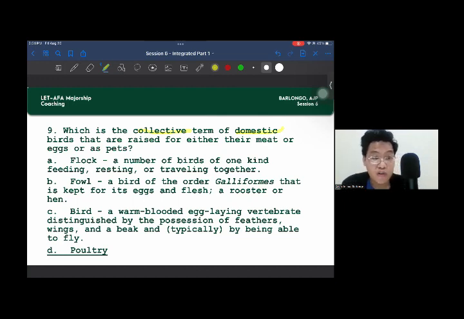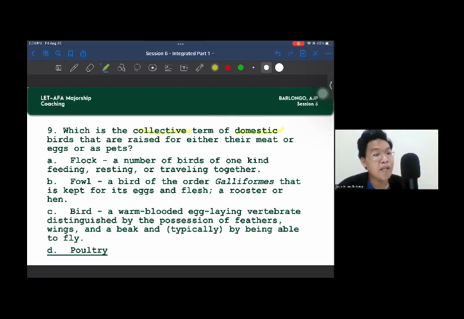But still, the question is asking for a collective term. And yung fowl, it only refers to one bird, a bird of the order Galliformes. So an example of this is yung chicken natin, yung rooster or yung hen. So that is a fowl if it is just there alone.